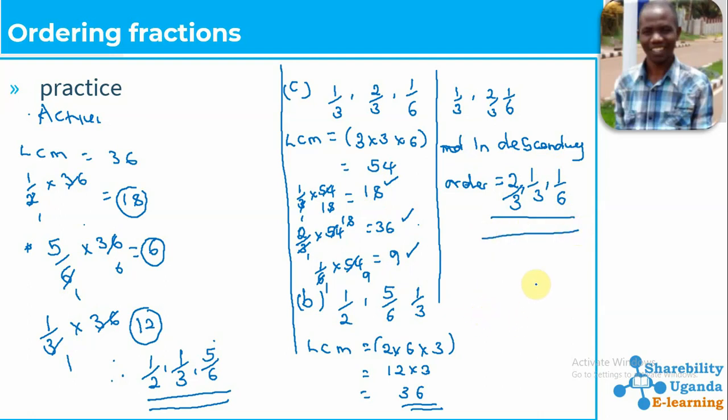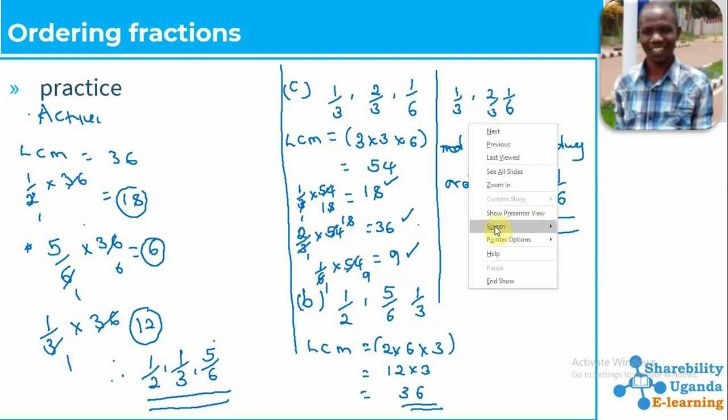So we can see that we have been able to find our answers very quickly using this method, not first arranging all the multiples and looking out for the lowest common multiple among all. You can use this method, it is quick, and it helps you answer the question very quickly.